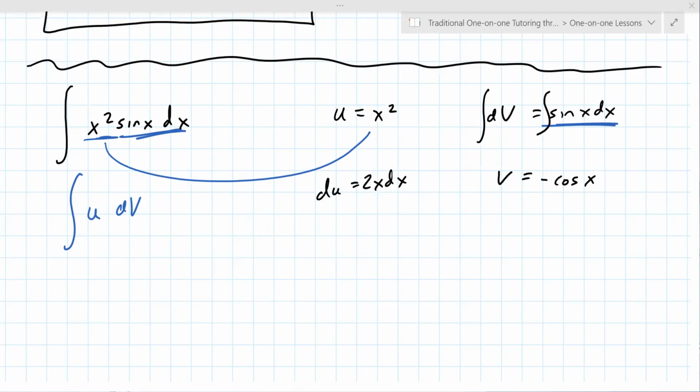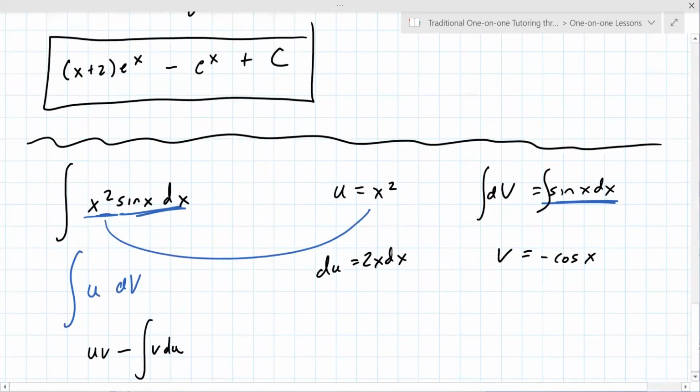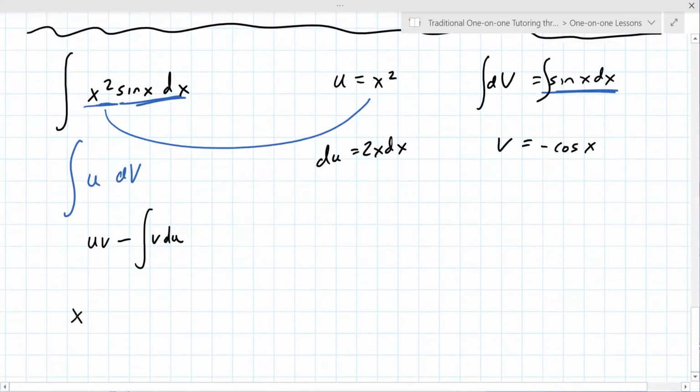So now uv minus the integral of v du. Say that again. uv minus the integral of v du. Very good. Then uv is x squared times v, which is minus cosine x.